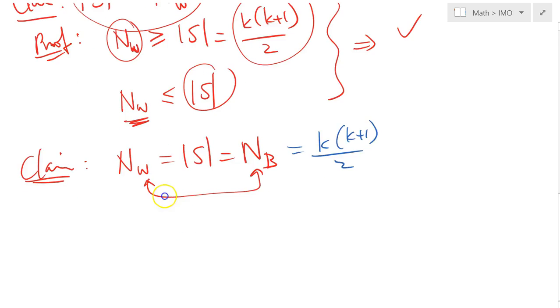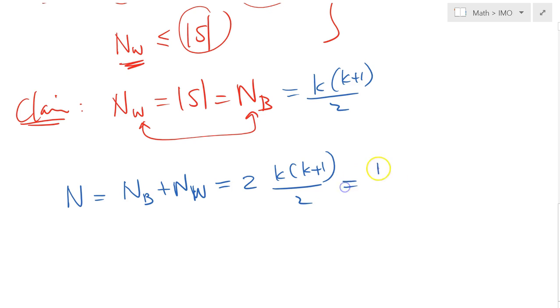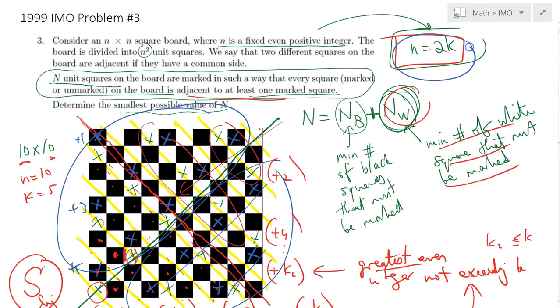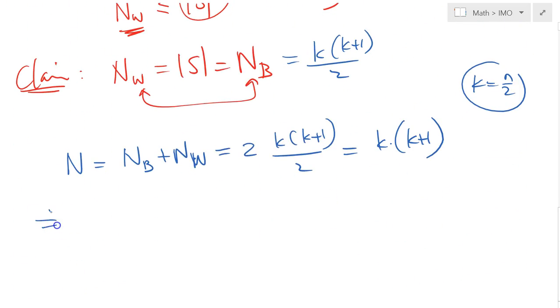Finally, we can conclude that N, which is equal to NB plus NW, is simply equal to 2 times k times k plus 1 over 2, or k times k plus 1. But recall that k was simply equal to n over 2 early on. We started with that because it was given in the problem that n is a fixed integer. So finally, this would imply that N is simply equal to n over 2 times n over 2 plus 1.